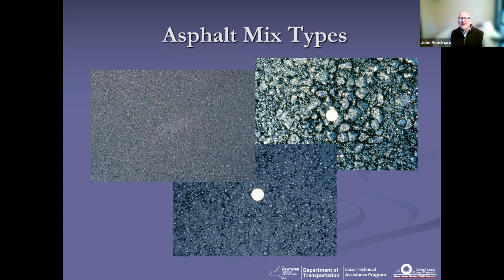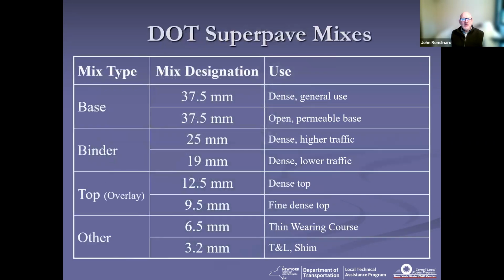In terms of our asphalt mix types themselves, you've got base, big stone; binder, medium stone; and top, smaller stone. In terms of mix types and their mix designations, we use the maximum aggregate stone size in millimeters to define the mix designation under the Superpave system.